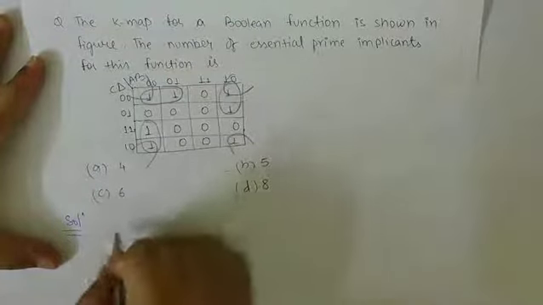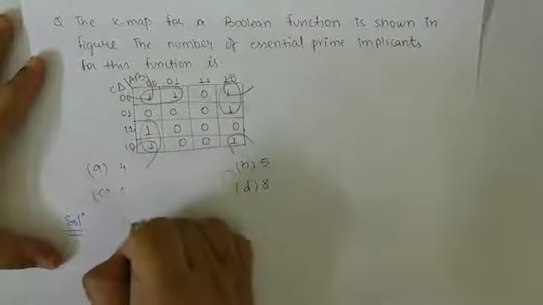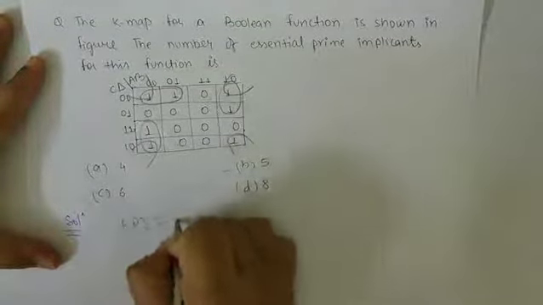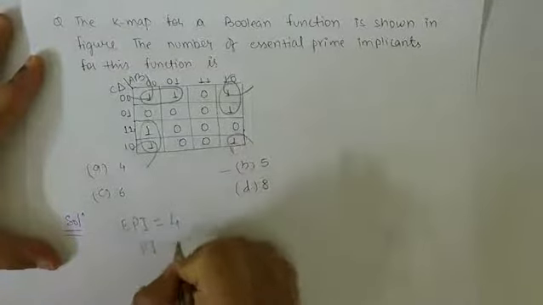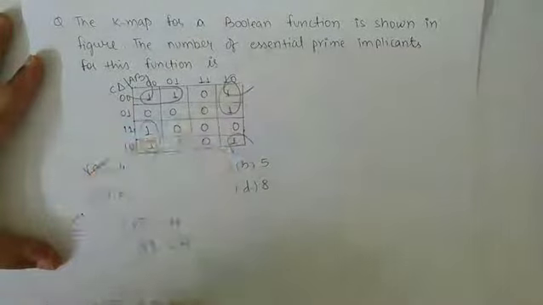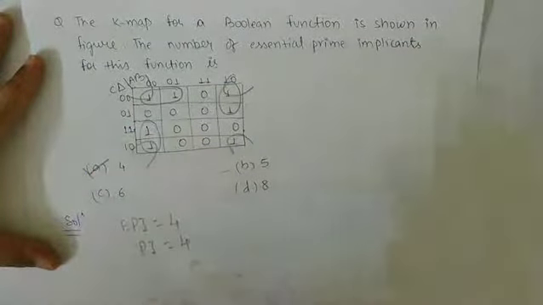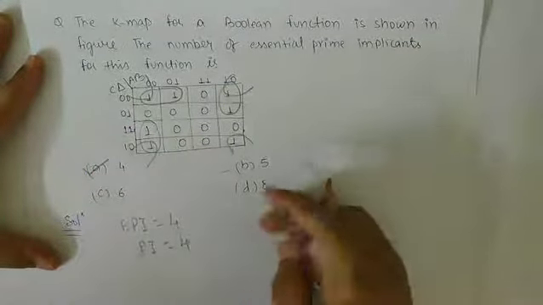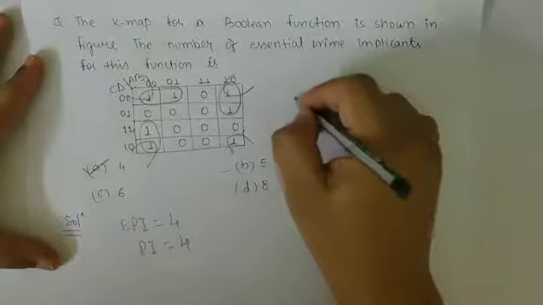So here we have essential prime implicants equal to 4 and prime implicants also equal to 4. So the answer is 4. To better understand what is prime implicant and essential prime implicant, let's take another example.